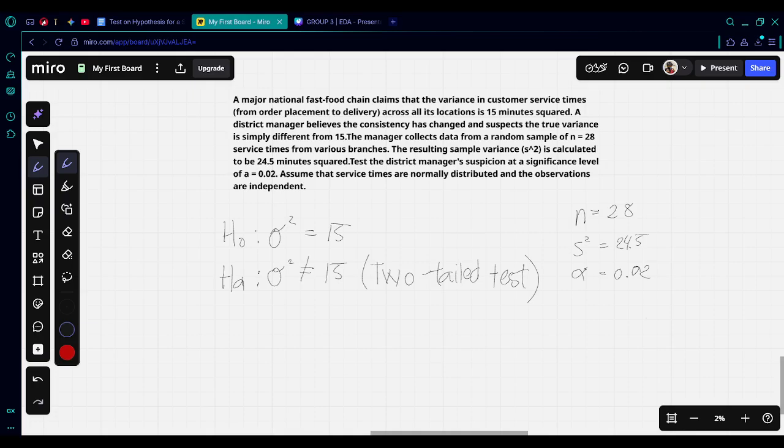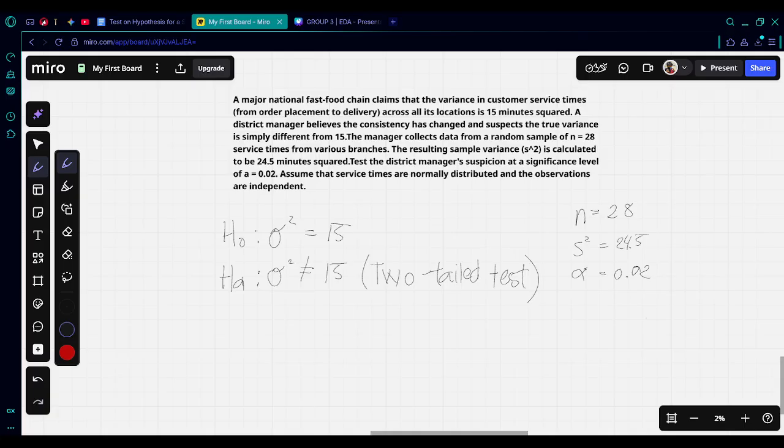So next, let us identify the other givens, which are the sample size n equal to 28 and the sample variance, which is 24.5. Next, it was stated in the problem as well that the significance level alpha is 0.02.